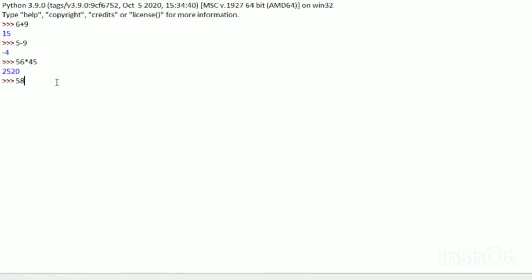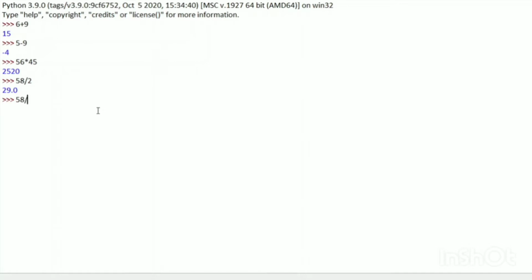Here I will divide 58 by 2, so it will give me the answer as 29.0 or 29. If you want to find the remainder, that is, what will be remaining after I divide two numbers, let's say I have to divide 58 by 4.